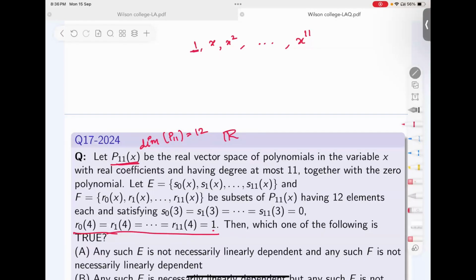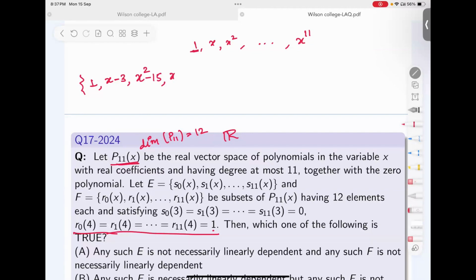For the first member, it is satisfying this condition because no x is there, so it is always equal to 1. Now what about the second member? x is not satisfying the condition, so can we put x minus 3 here? Now the third one, x square. If we put x equal to 4, x square is 16, so it is not equal to 1. So 16 minus 15 is 1.